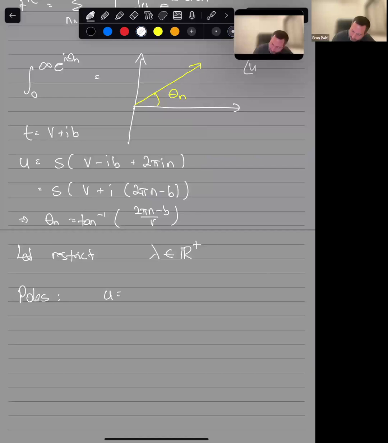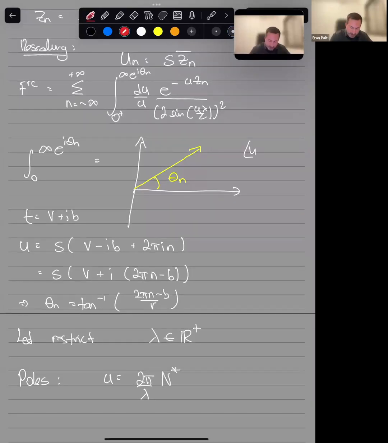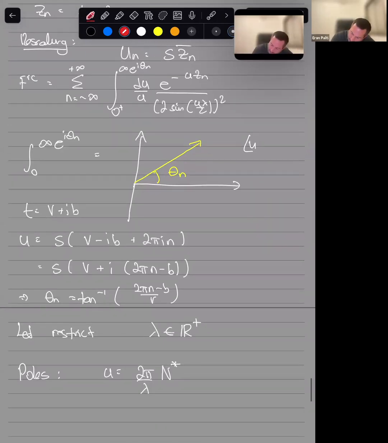Because when u equals 2 pi over lambda times a positive integer, we get sine of 0, which gives us a second order pole. So that means that we have poles along this real line here in our integrand.